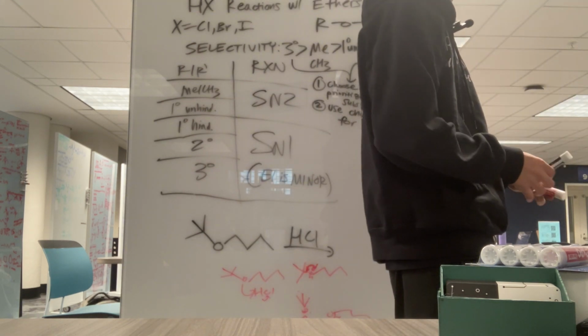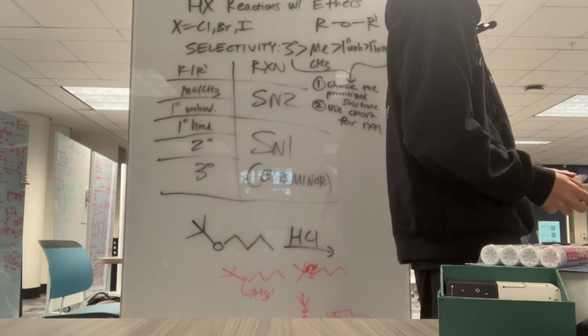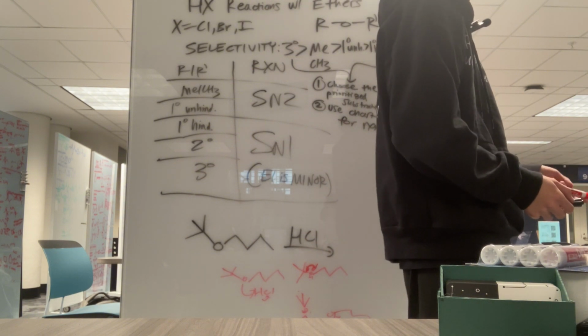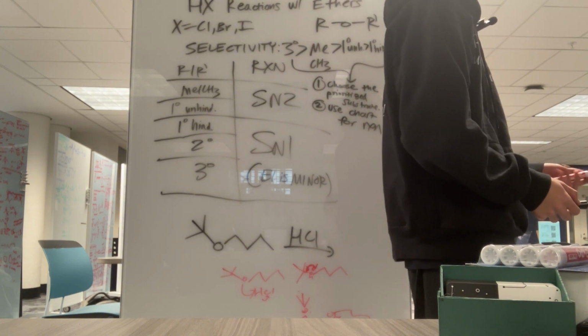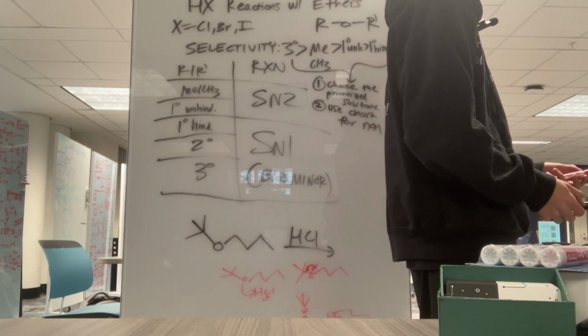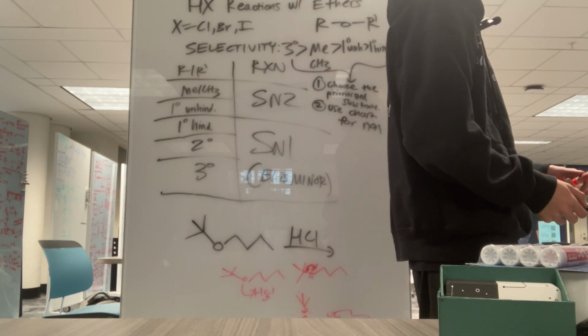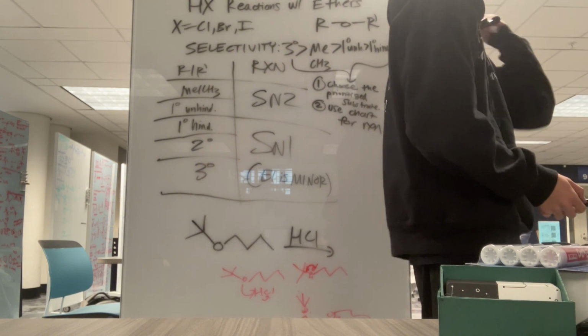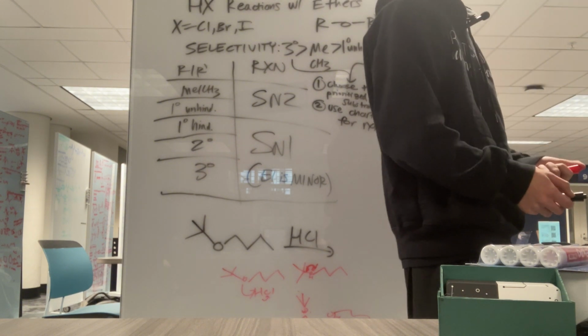There's some HS minus, or MCPBA products. Will HS minus react in acidic or basic conditions for epoxides? Yes, I'll go over that with you for the remaining of the session.